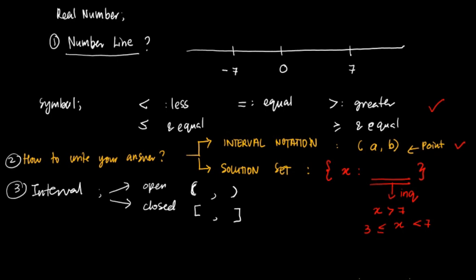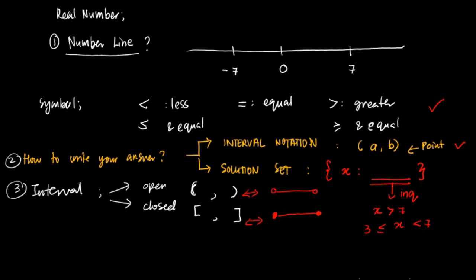It has a relationship with the number line. If it is open, it will be the white dot, and if it is closed, it will be the black dot. The open one is empty and the closed one is black.